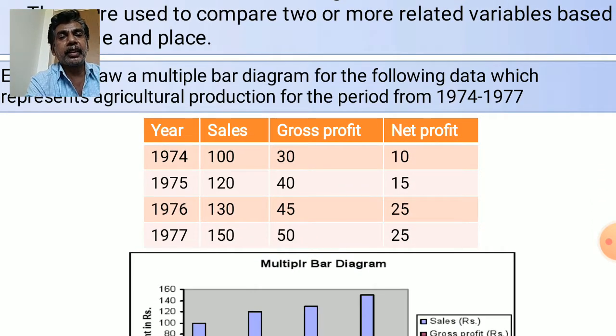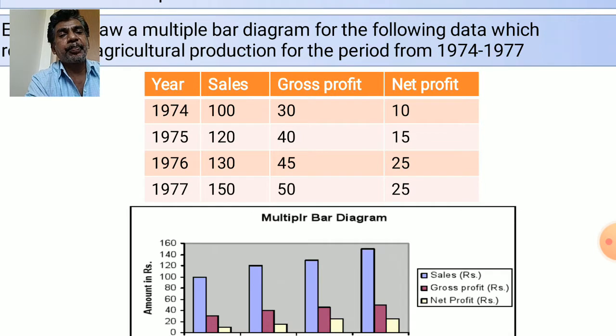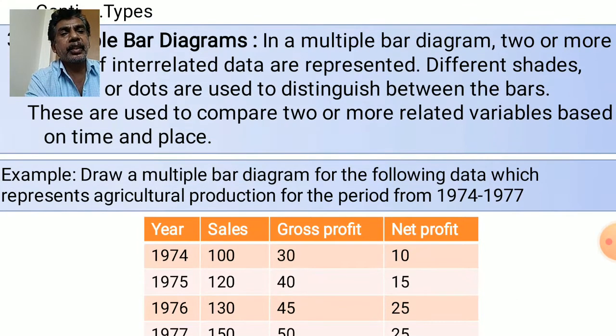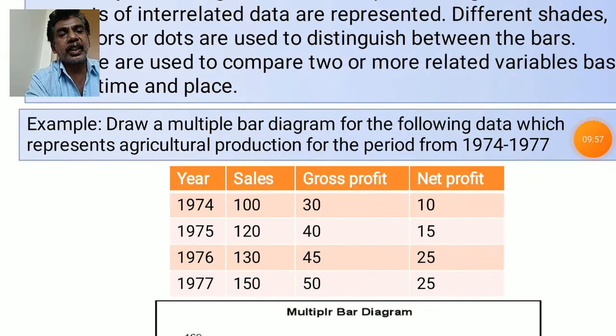Here, the sales, gross profit, and net profit of different years, 1974, 75, 76, and 77, are shown, representing two or more sets of interrelated data.